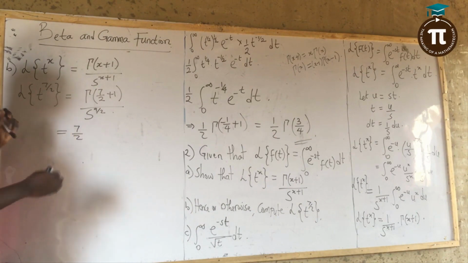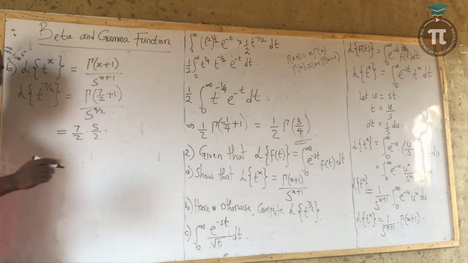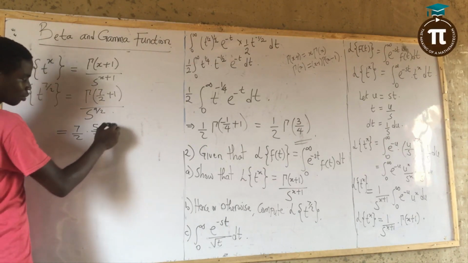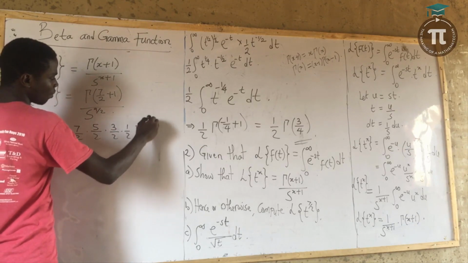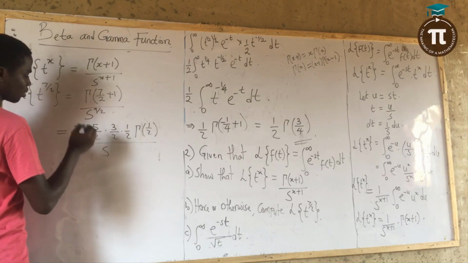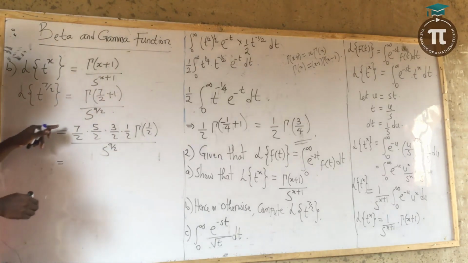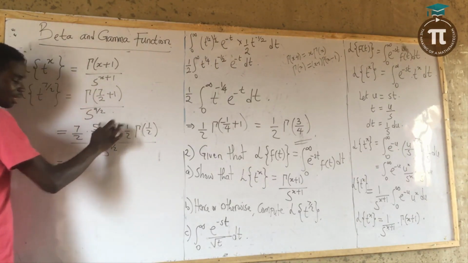So gamma of 9 over 2 will actually be 7 over 2 gamma of 7 over 2. That's 7 over 2 times 5 over 2. I hope by now you should have understood what I'm writing. 7 over 2 times 5 over 2 times 3 over 2 times 1 over 2, gamma of 1 over 2, all over s raised to power of 9 over 2.